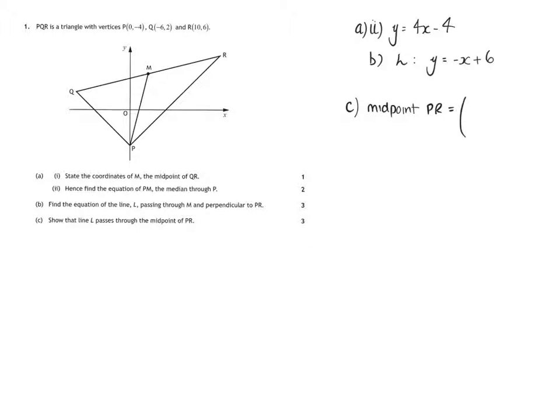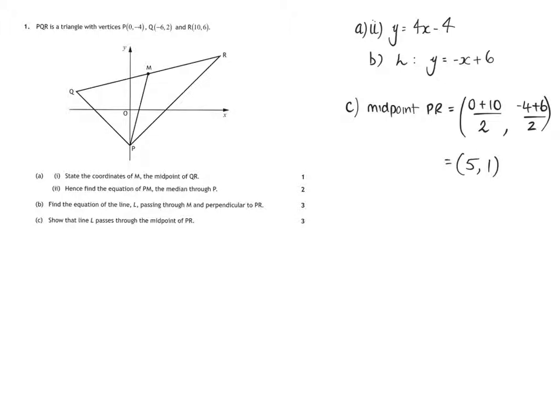So we find the average of the x coordinates, and if we find the average of the y coordinates, so we've got minus 4 plus 6 divided by 2, and that should be divided by 2, not divided by 5. I'm skipping to the answer there. So 10 divided by 2 is 5, and then minus 4 add 6 is 2, so we get 5, 1.